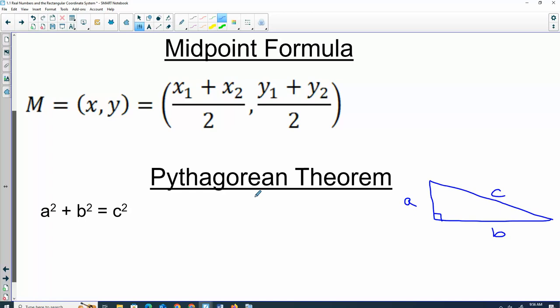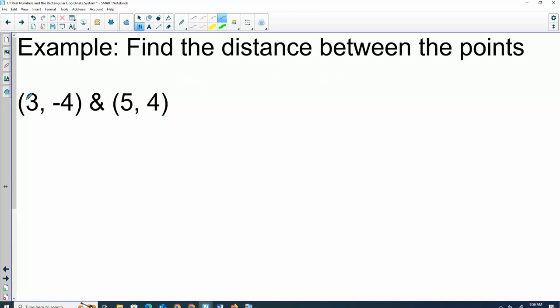All right, so let's try some. If I want the distance between these 2 points, all right, so this is like x of the first ordered pair, y of the first ordered pair, x of the second, y of the second.